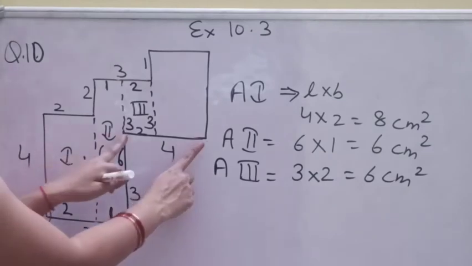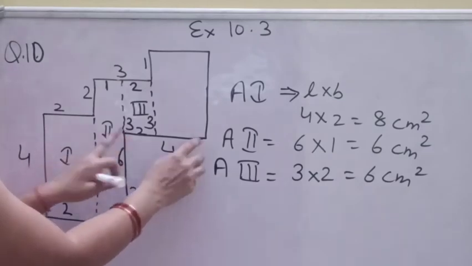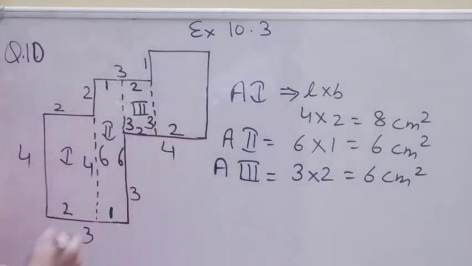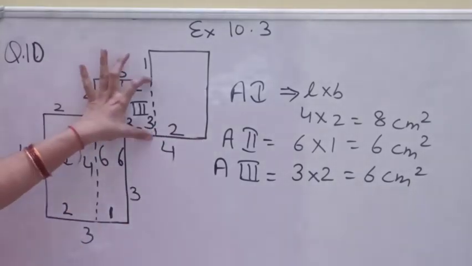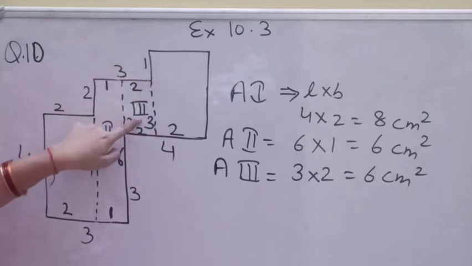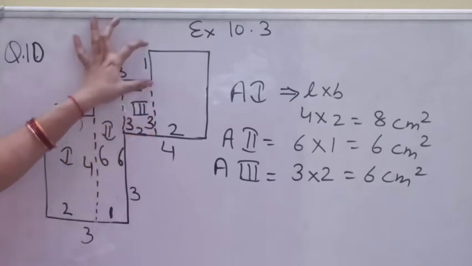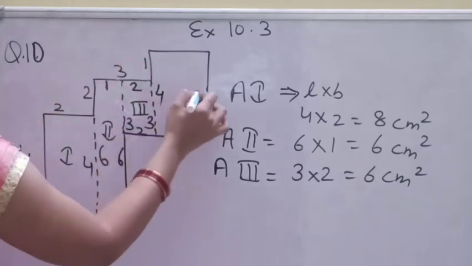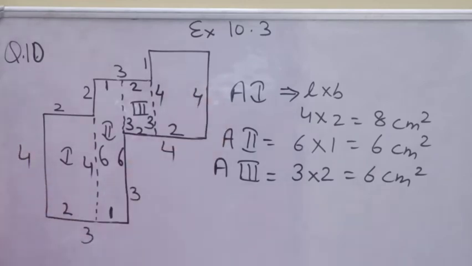Now this complete is 4. This much is 2. So remaining one is also 2. This much is 3. For this third rectangle, this much is 3. This is 1. So this total is 3 plus 1, 4. This is 4. So in front also we have 4.